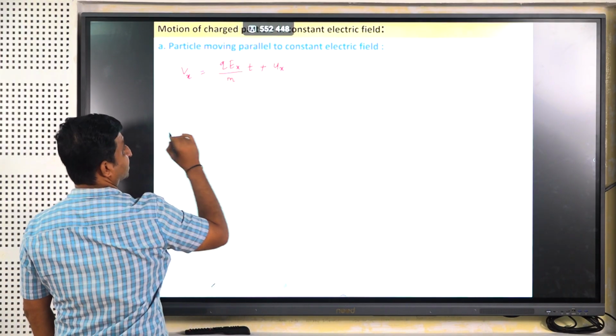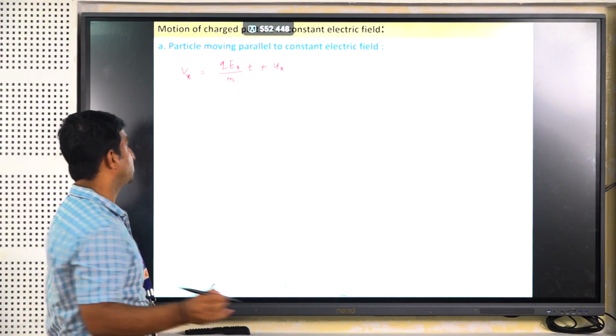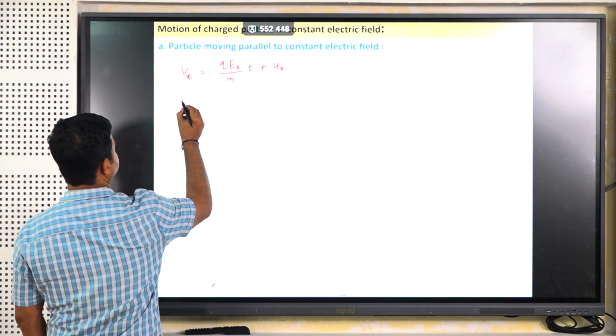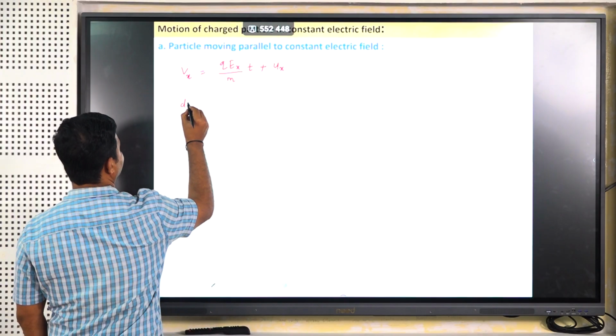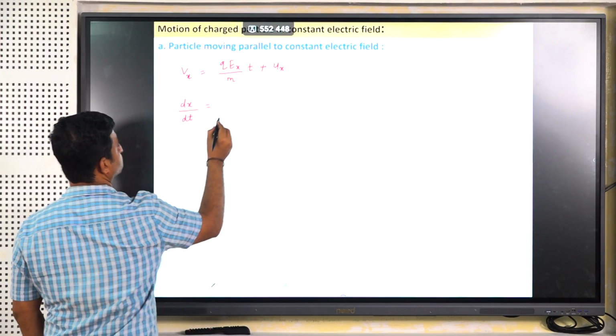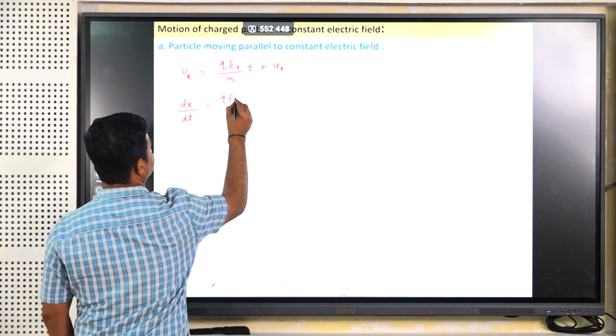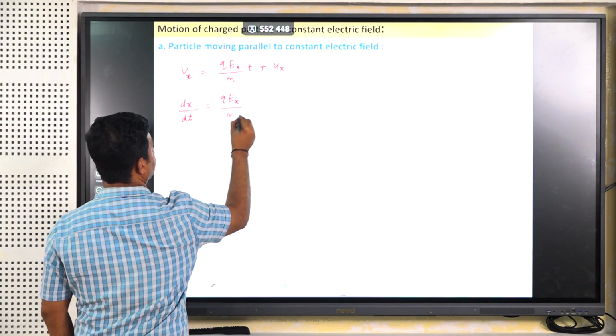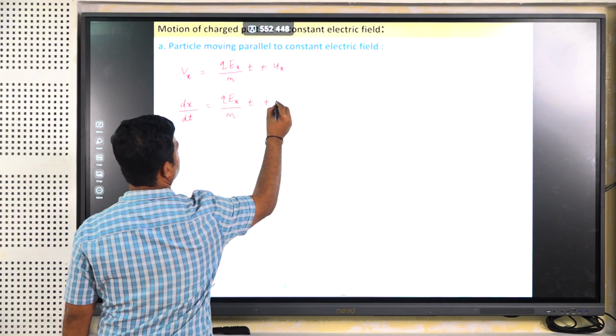So vx we know is nothing but the change in position or change in displacement. So in place of vx we can write dx by dt is equal to qEx upon m t plus ux.